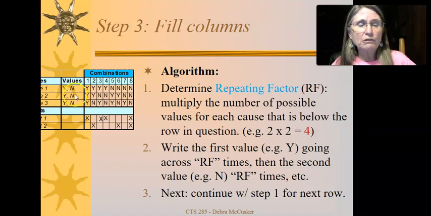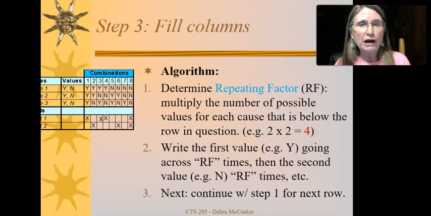Moving down to the second row, if we imaginarily or for real cover up the second row and above, then only 2 values appear below. And 2 is the repeating factor. So we have YY and NN, YY and NN. And then always on your last row, the repeating factor is 1, which means you just alternate through the values or cycle through the values.